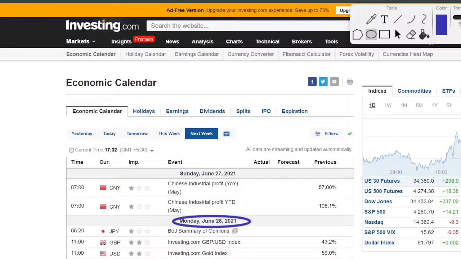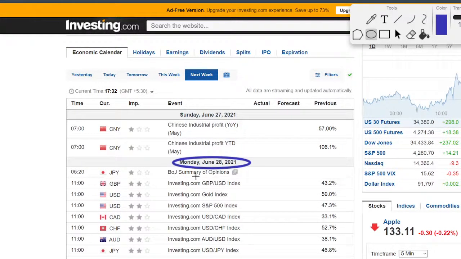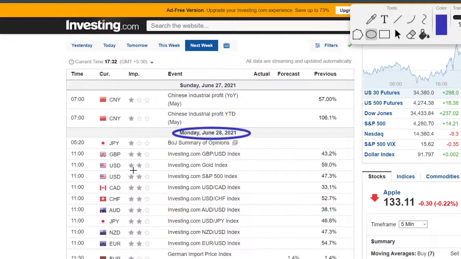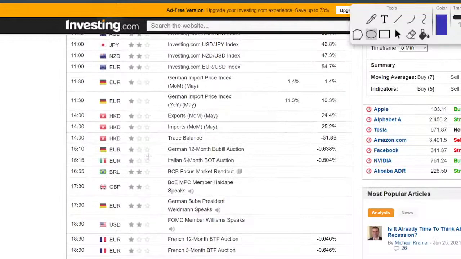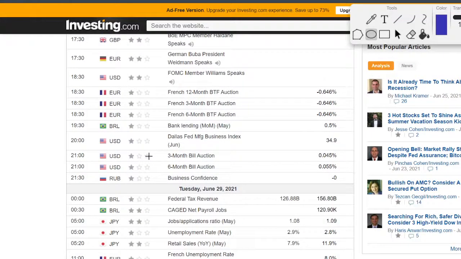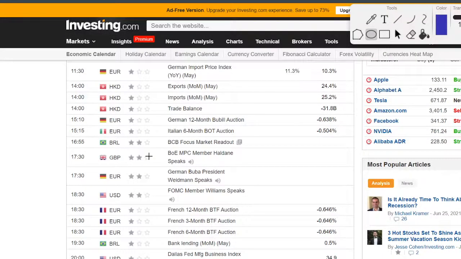Then let's go to the economic calendar. On Monday 28th June, we don't have any significant data coming in either from India or from US. I'm not going to be keen on Chinese data or Japanese data or even the European data as such, apart from one or two crucial data. I'll be looking for obviously the US data and the Indian data. So Monday we don't have much, and it's a results season as well, so you might have to be aware of that before taking any intraday trades.